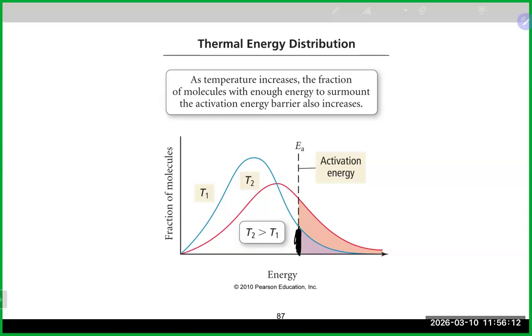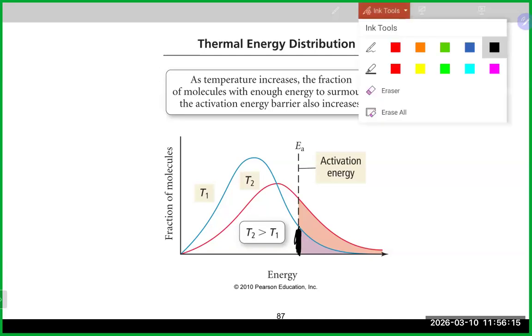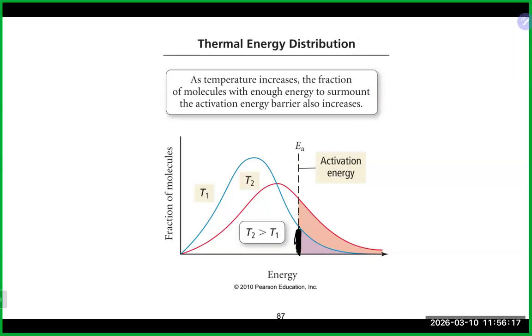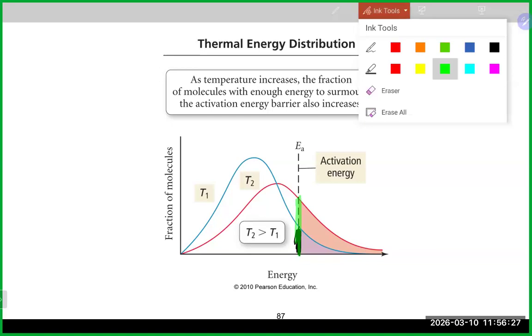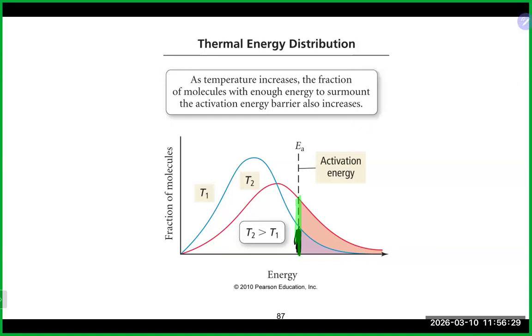But when we increase the temperature, we actually do see a pretty big increase in the number of molecules that have enough energy to get to the other side. So by increasing that temperature, we're going to see a lot more activity, and things will have a lot more energy to get up and over to the other side.